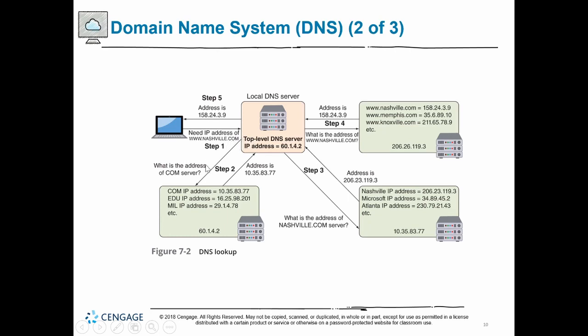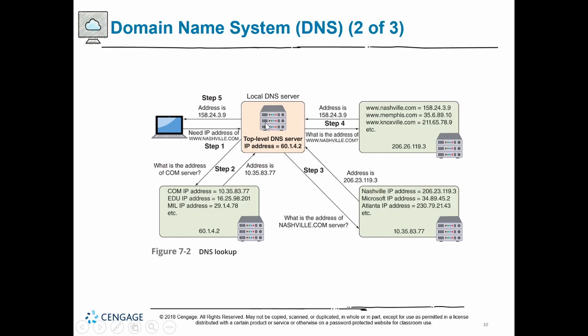And so as I mentioned, it's hierarchy. We start from the right and go all the way to the left. So first, we go to our DNS server and we request, hey, what is the IP address of .com? And so what happens is that your DNS server will look up that IP address of .com, right?